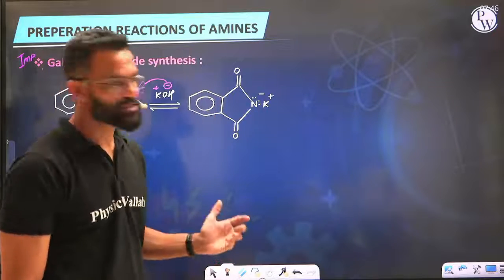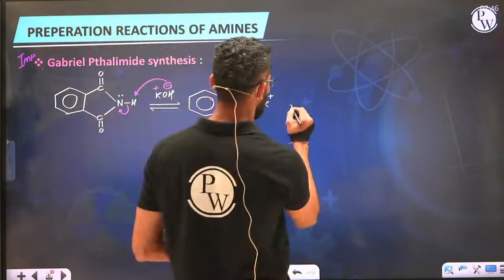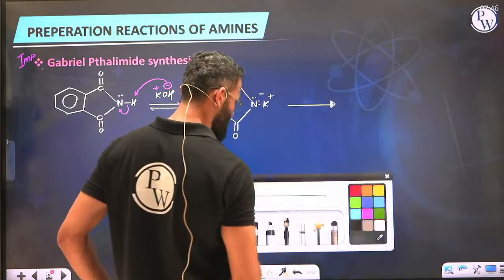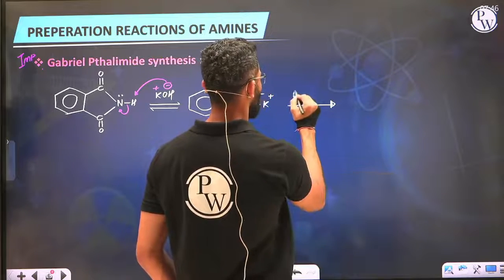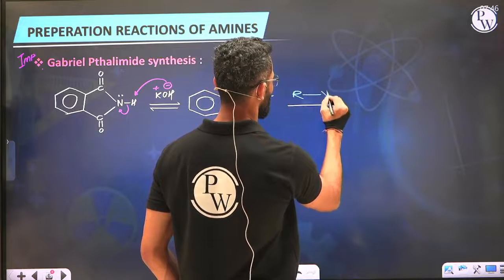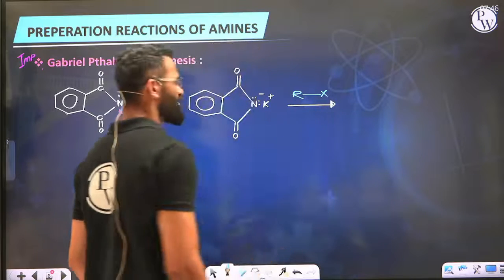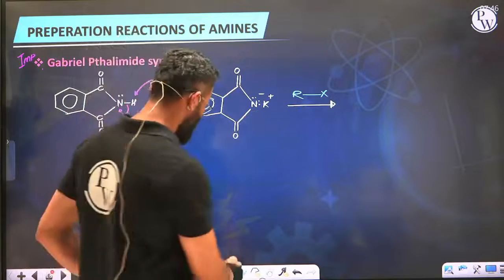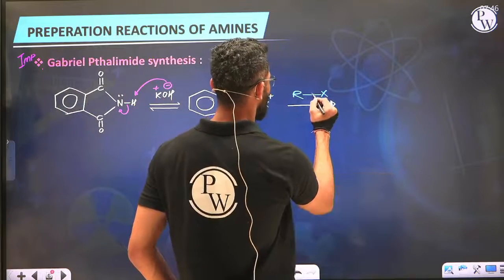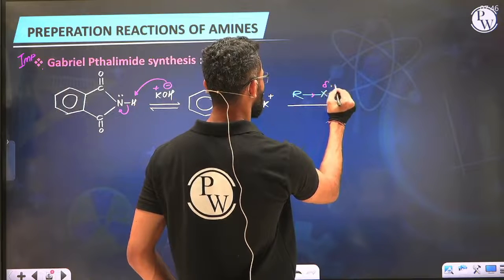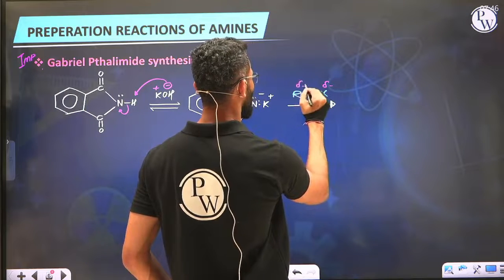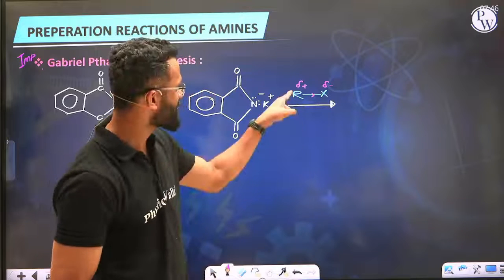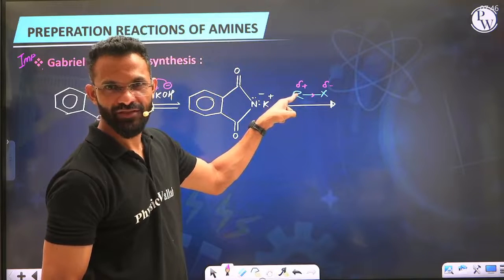Now this potassium salt of phthalimide is allowed to react with an alkyl halide. This is an important step. The electronegativity difference across the carbon-halogen bond develops a polarity across the bond, so the carbon of the alkyl group is electron deficient, hence electrophilic in nature.